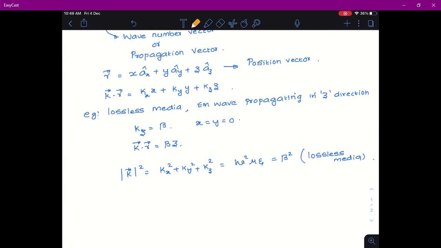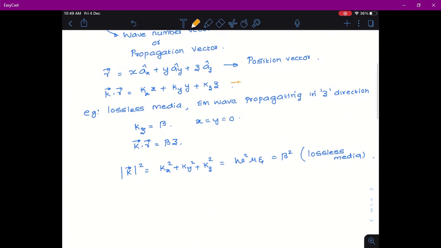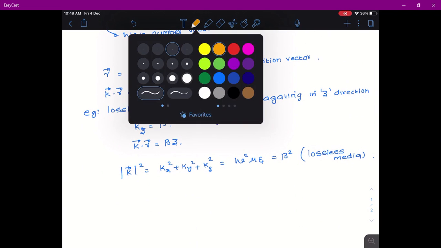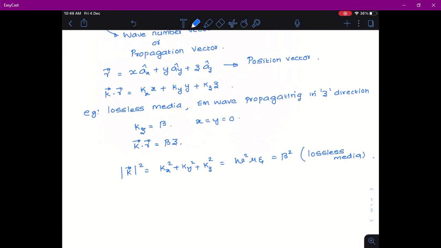And you should also know that this k dot r is actually a constant, because at any position x, y, z, kx, ky, kz are constant, which means kx x plus ky y plus kz z is a constant.